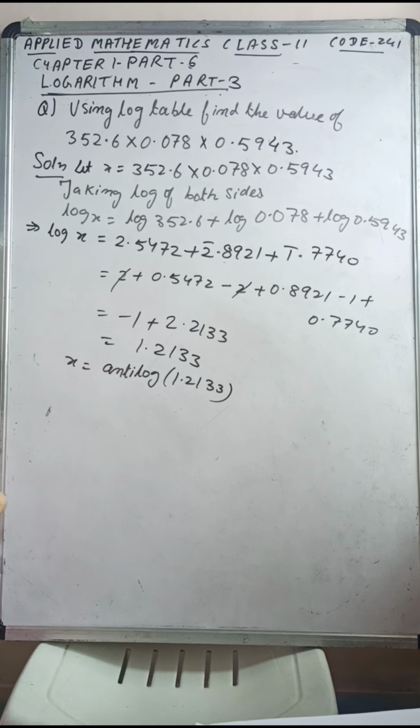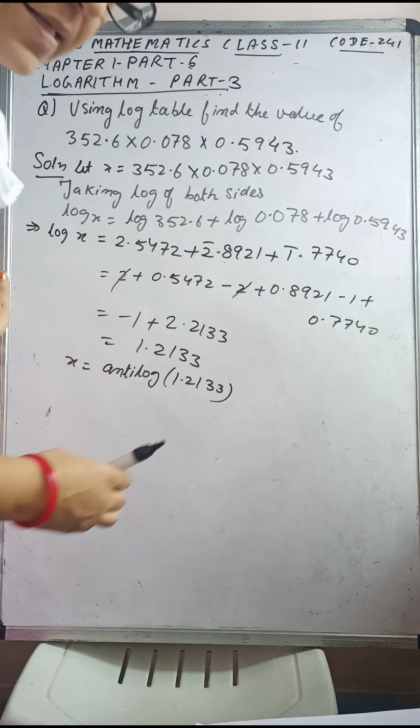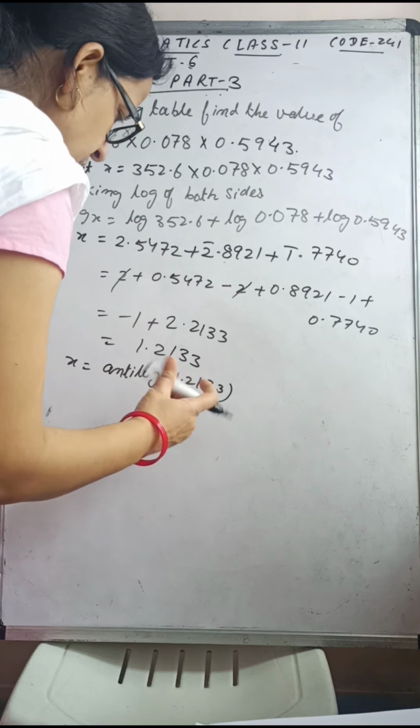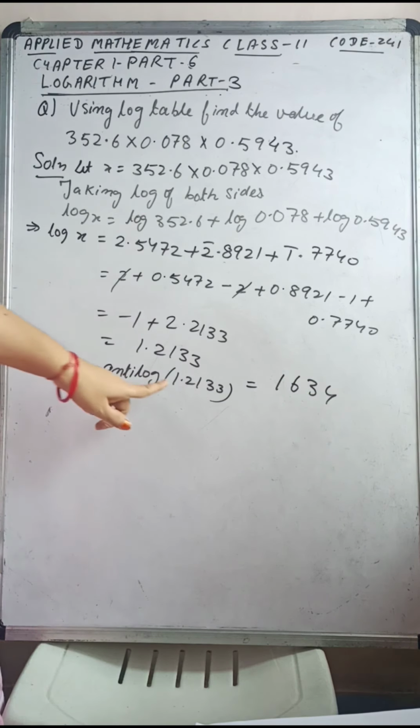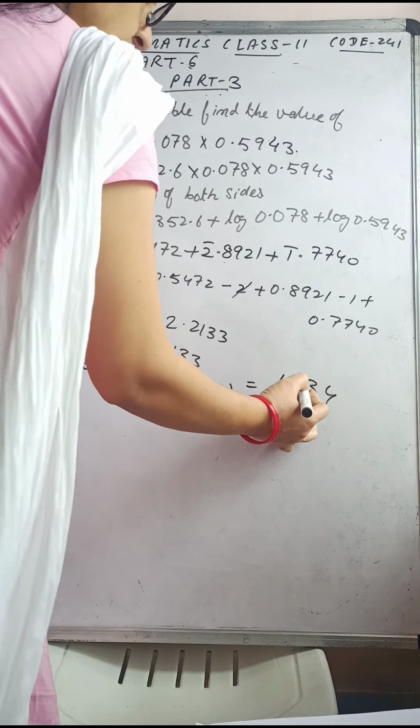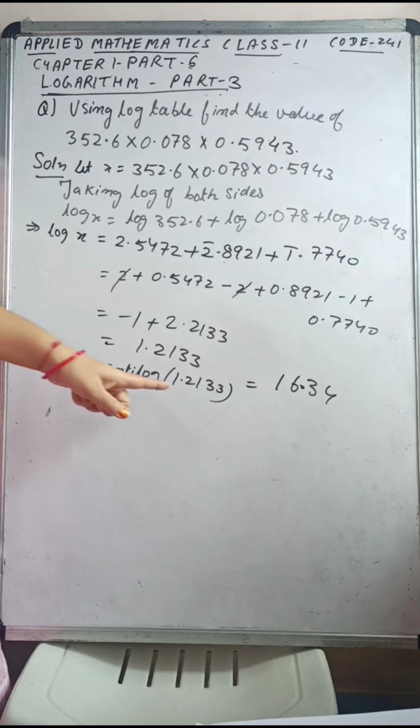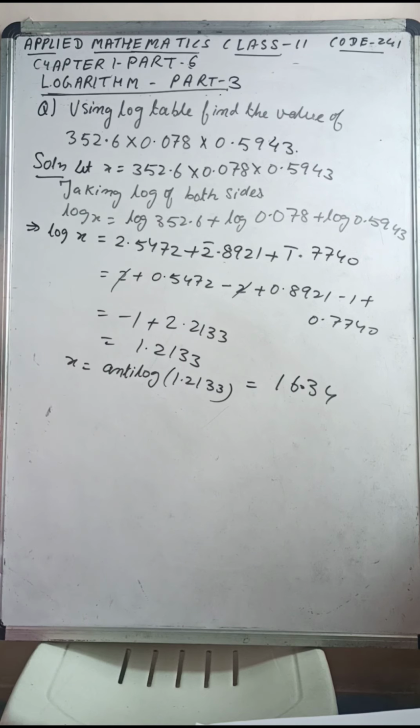So 1633 and 1 is 1634. So this we will be writing 1634. Now the characteristic is 1. So the value is n plus 1, that is 1 plus 1, decimal we will be putting after 2 digits. So x is equal to 16.34.